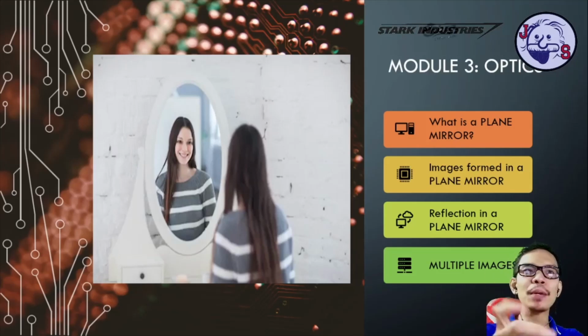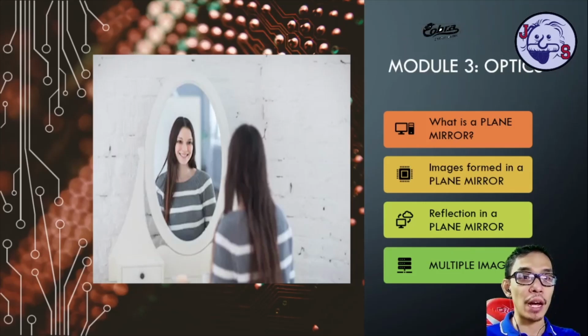Alright, so what is a plane mirror? Plane mirror is a very familiar object. You can see this object in the bathroom, in your makeup kit, okay, for girls. Also we can see this one inside the elevator.